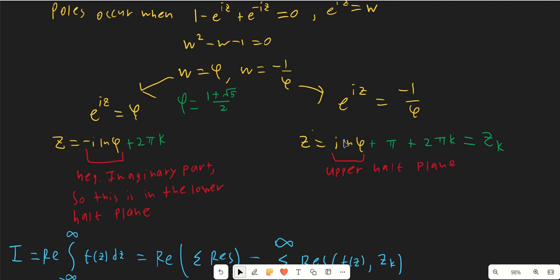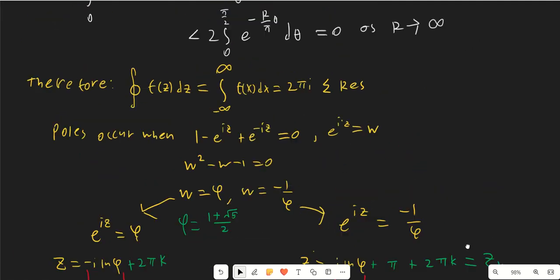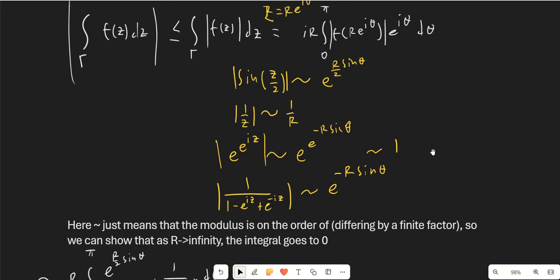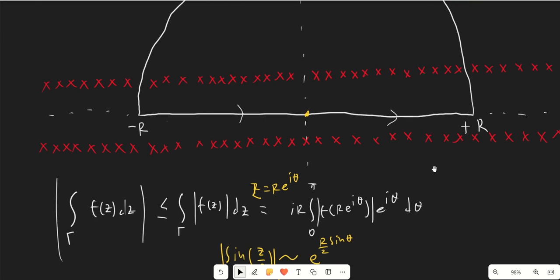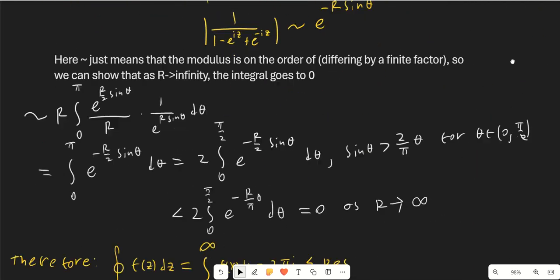And now we're in the upper half plane, so they will be contained by our integral, and now they don't exactly pass through this line where the real part equals 0 like these ones did, because we're calculating e^(iz) equals negative 1 over phi, and so the argument is actually shifted over by a little bit, so it doesn't pass through the center line. However, that's not of much concern to us. We can still just go ahead and directly calculate the sum of the residues.